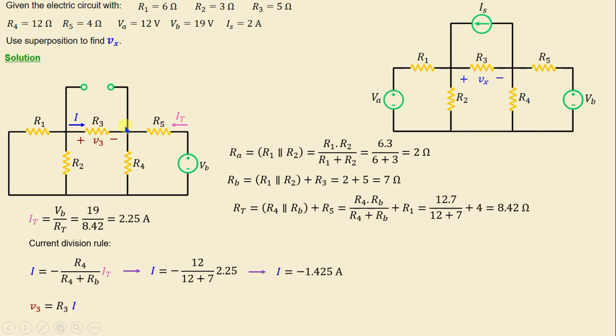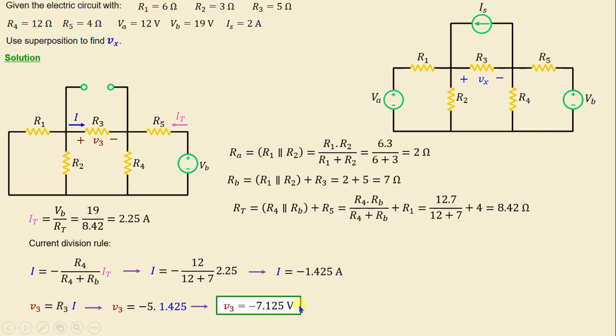Now, according to Ohm's law, the voltage V3 is equal to R3 times I. And if we replace R3 and I with their numerical values, we obtain V3 is equal to negative 7.125 volt.